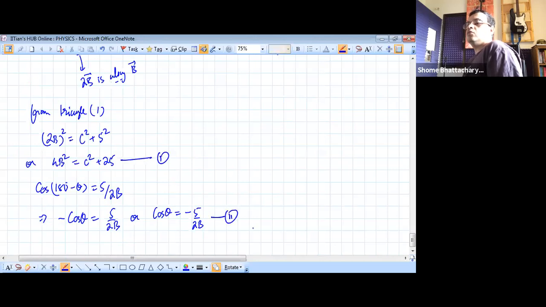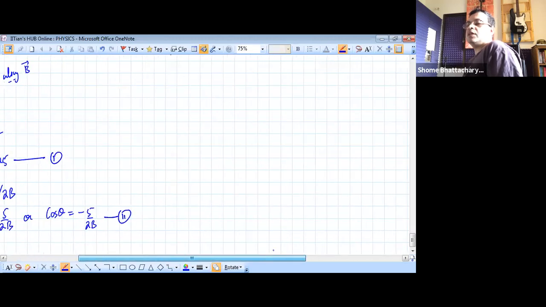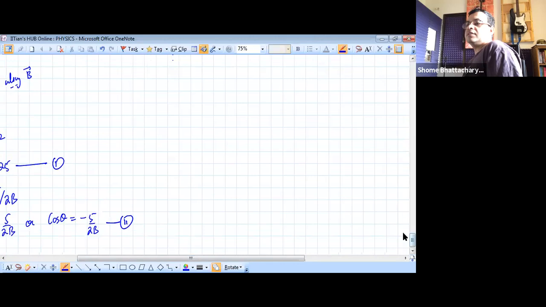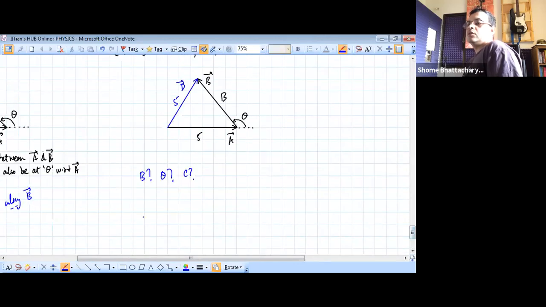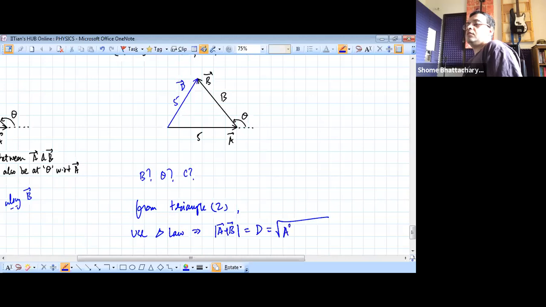This is equation 2. So मेरे पास 3 unknowns थे, theta, b and c. 2 equations मुझे यहाँ से मिल गए. अभी तीसरा equation मैं कहाँ से generate करूँगा? इससे generate करूँगा. So from triangle 2, now use triangle law. So magnitude of a plus b, in this case that is d, is root of a square plus b square plus 2ab cos theta.